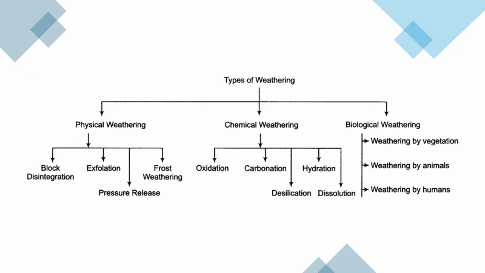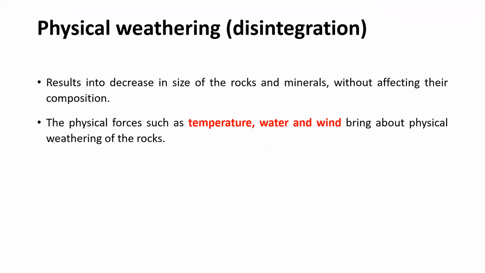In chemical weathering, there are chemical reactions like oxidation, carbonation, desilication, hydration, and dissolution. In biological weathering, that is weathering due to living organisms, we have weathering by plants, that is vegetation, animals, and of course weathering by human beings. So we'll try to cover the three different types of weathering.